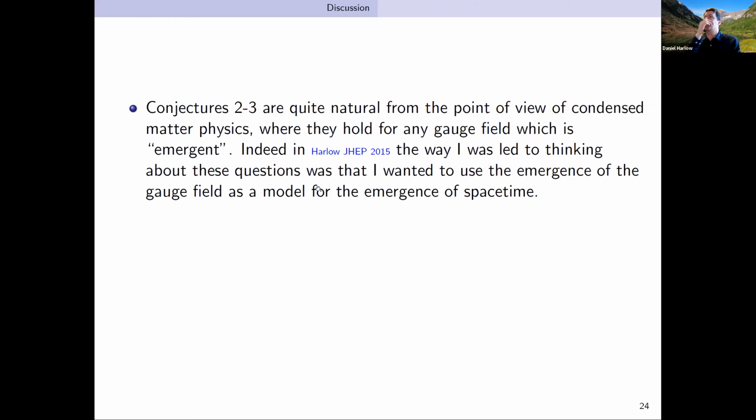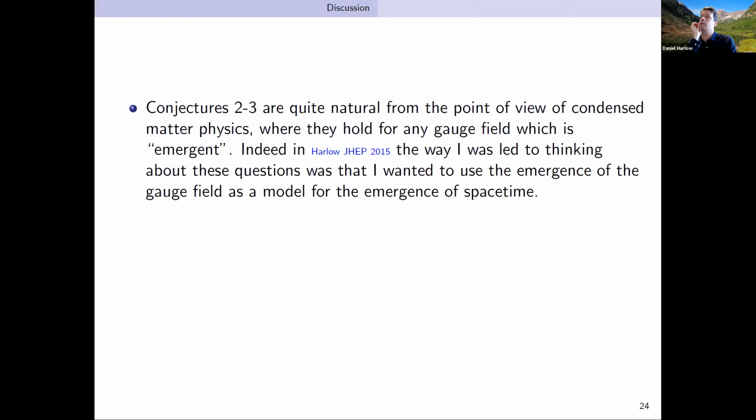So conjectures, if there are condensed matter people here, they're probably already thinking this, but let me just say it. Conjectures number 2 and 3, saying that you have to have all the charges and the gauge group has to be compact, are quite natural from the point of view of condensed matter physics, where they hold automatically for any gauge field which is emergent. In fact, that's kind of how I got into it, although I wasn't thinking about condensed matter physics.